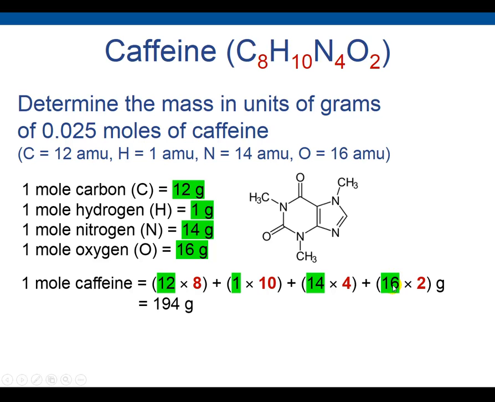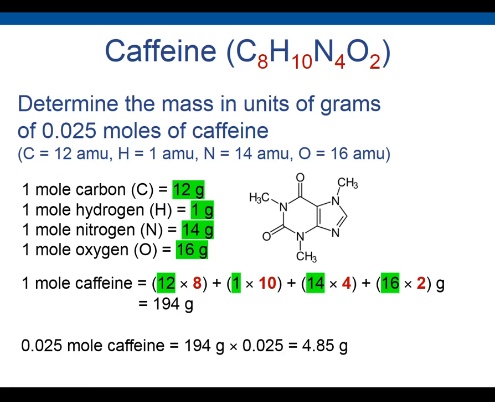And 16 gram for 1 mole of oxygen, and we need 2 oxygen to build a caffeine. So calculate this. 1 mole of caffeine is 194 gram.